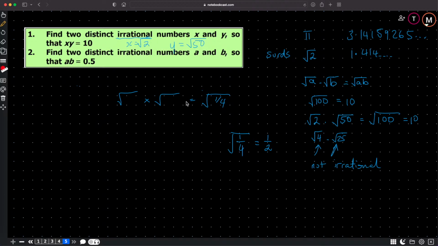Okay, Jenny already has one solution. She says the square root of 2 and the square root of a 16th. Let's see if that works. 2 and a 16th. So what would this be? Well, this would just be the square root of 2.